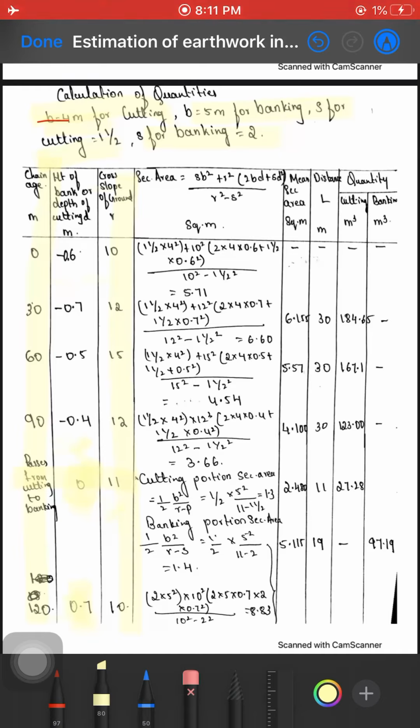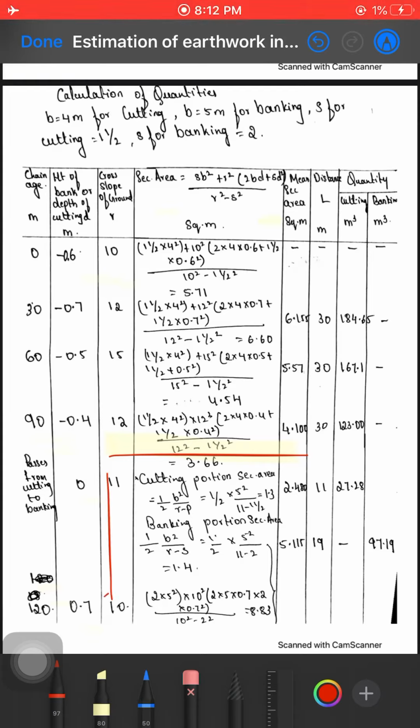Okay, next the cross sectional area formula remains the same, that is s b square plus r square bracket 2bd plus s d square divided by r square minus s square. Substituting the values you get the cross sectional area at each point. Then coming to the cross sectional area in between 90 and 120, we have already calculated this part.